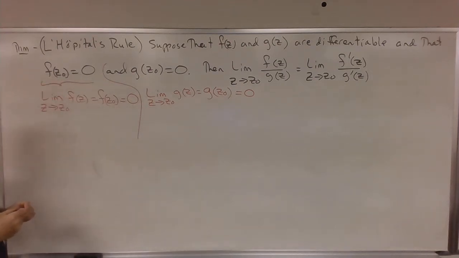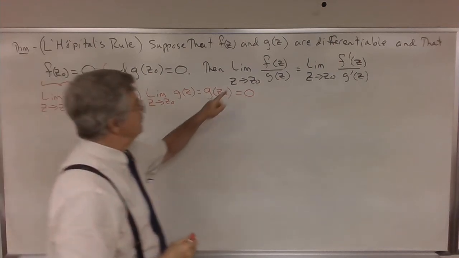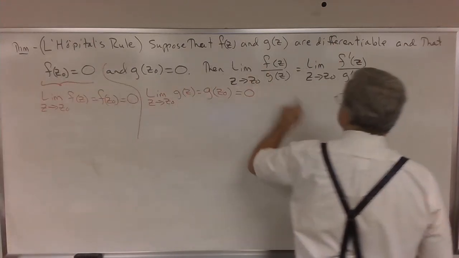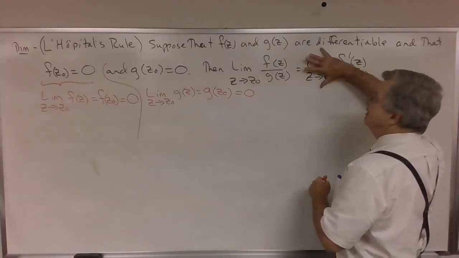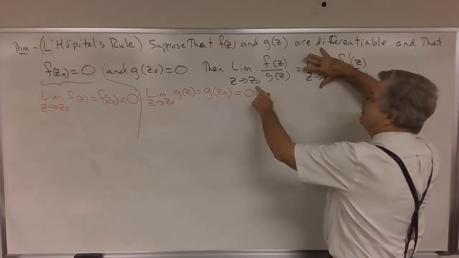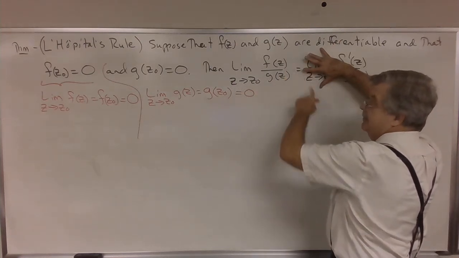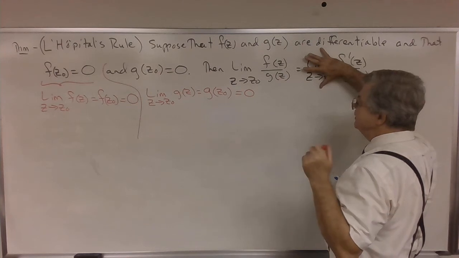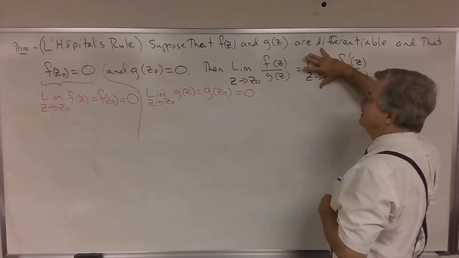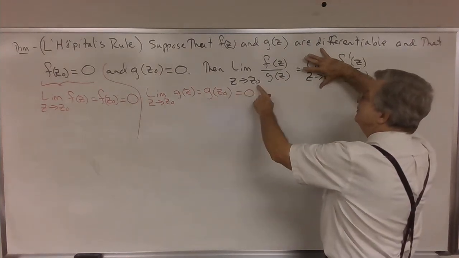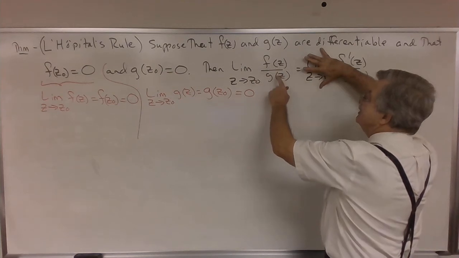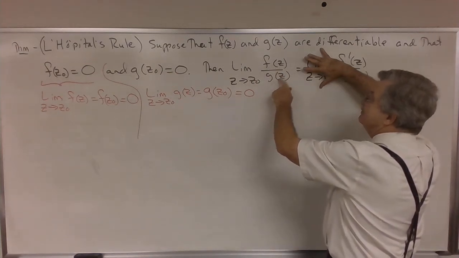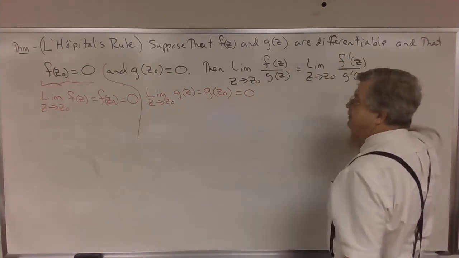So our hypotheses are really telling us that when we compute the limit of f of z over g of z as z approaches z0, we're going to get 0 over 0. So that's really the situation that they're telling us. As z goes to z0, f of z over g of z looks like 0 over 0.